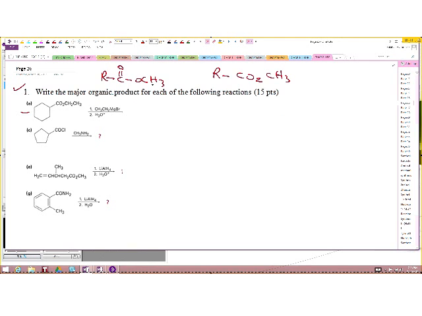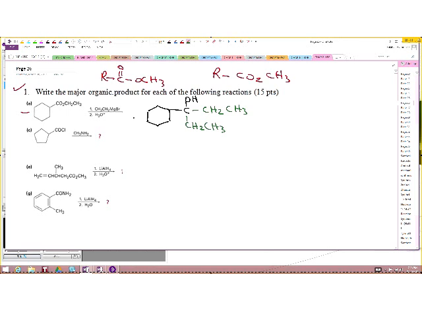So the product for this here, let us look at it. This is a cycloacyl group. And the ester, so we have this here. Okay, so then we have the two ethyl groups from the Grignard.